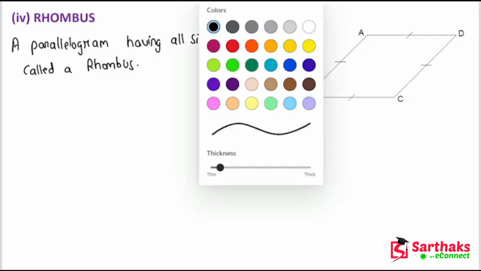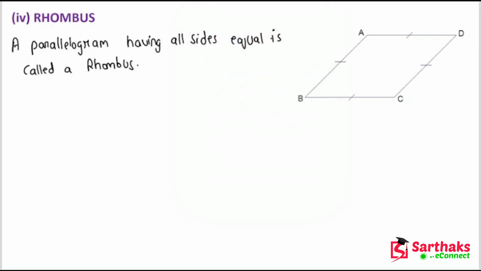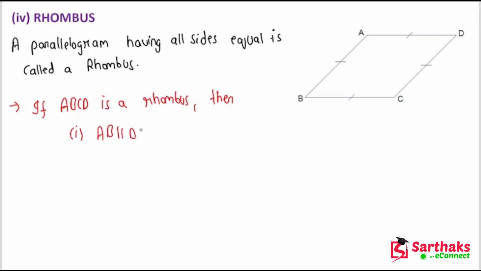So if ABCD is a rhombus, then the first condition would be AB should be parallel to DC since it is a parallelogram.